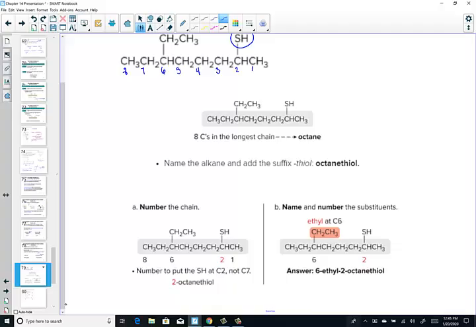So we number the chain to put the SH at carbon 2, and the ethyl at carbon 6. Alphabetize here, so we had at 6 ethyl, we have a thiol group at carbon 2, but we don't say it before the name, we say it after the name. So that's 6-ethyl, 2-octane thiol. Don't drop the E, just add the ending thiol, and now I know it's at carbon number 2.